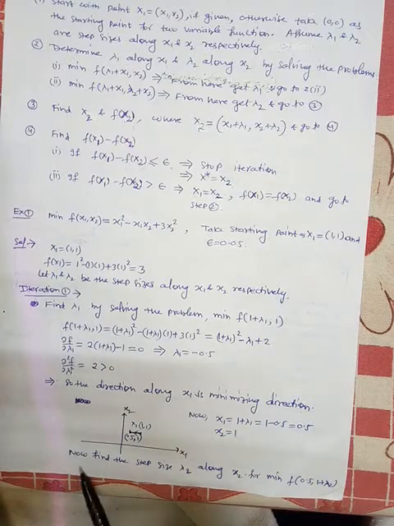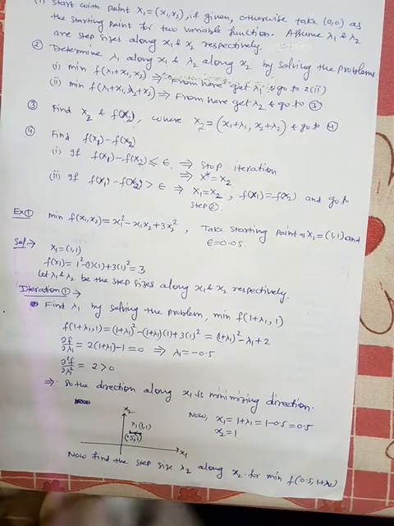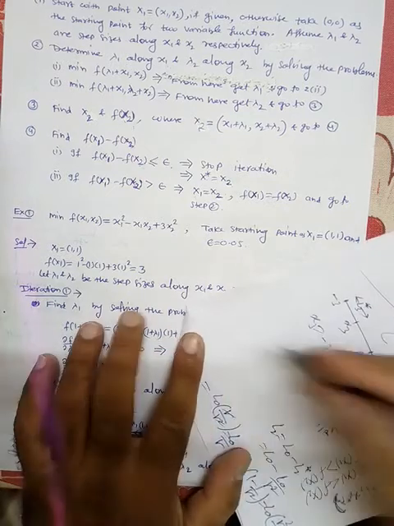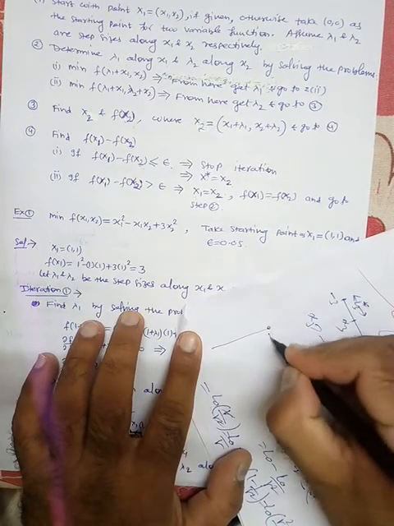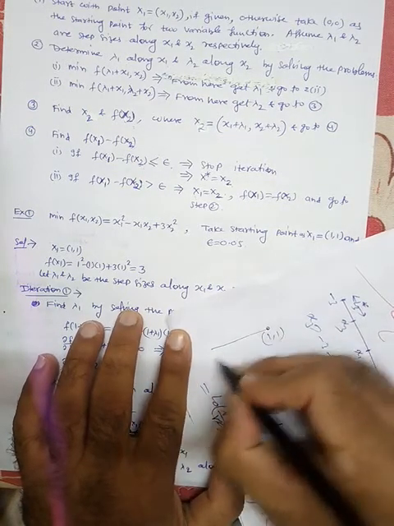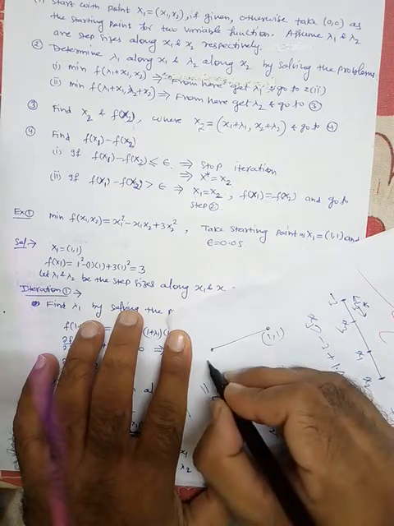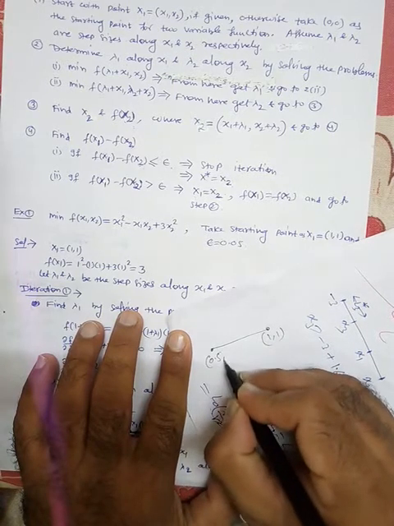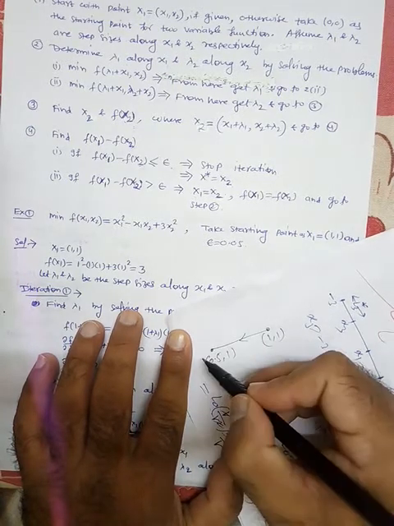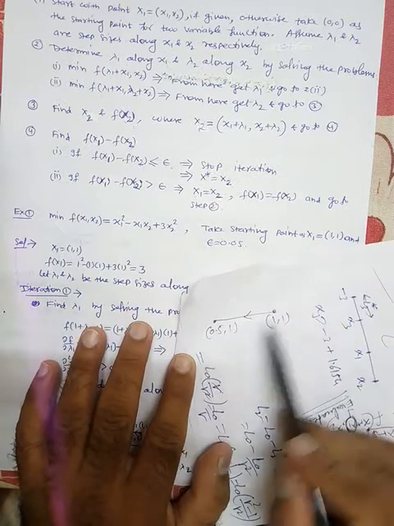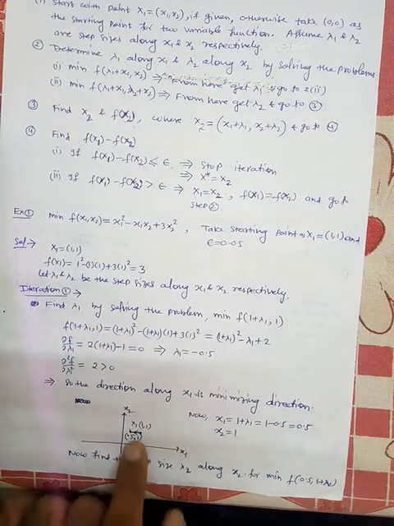Now you will see that after this step we started with (1, 1) and reached the point (0.5, 1). We are moving from here to here, as shown here.